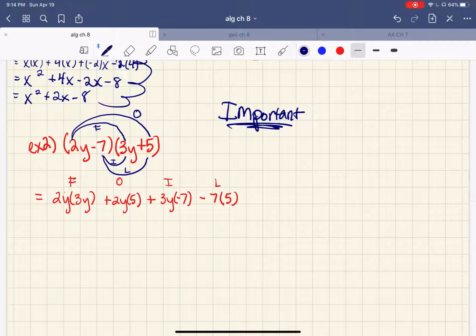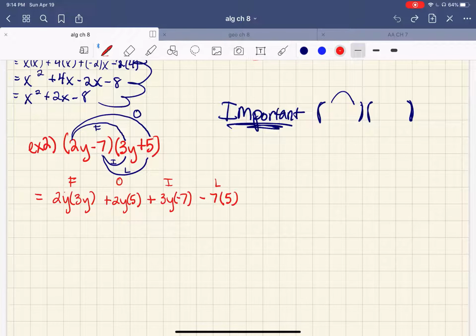You are only multiplying things together that are in separate parentheses. So if they are in the same parentheses, then you do not multiply them together. There is nothing where you're going to be multiplying like the 2y and negative 7.